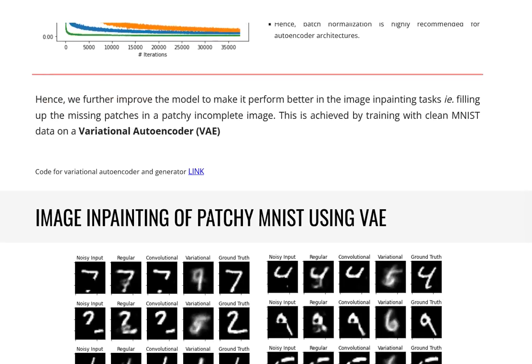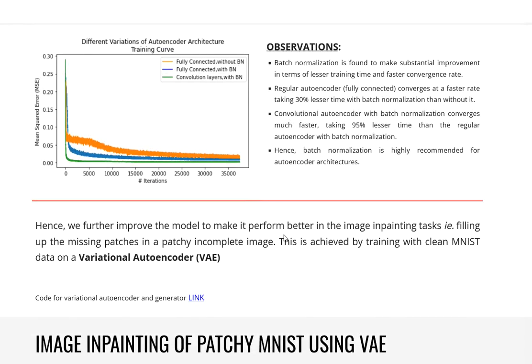So finally, we also explore image inpainting, which is nothing but the patch filling of the patchy MNIST data. We could see that the regular autoencoder does really perform quite well in terms of reconstruction, but there is quite a lot of noise around that patchy zone, which we want to avoid.